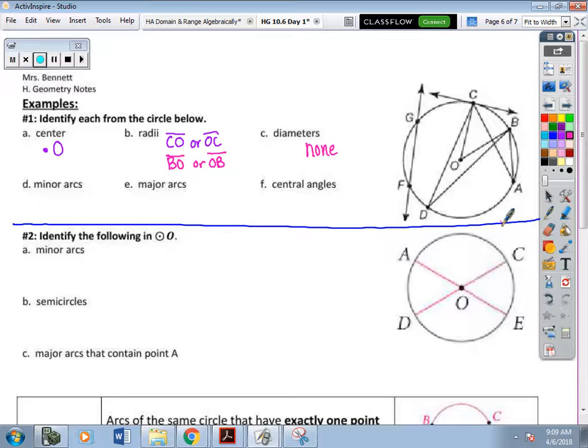All right, now minor arcs. There are lots of them. So there are many. Let's just list a few. So just put many possible. I'll give you one to start out. Remember, minor arcs are smaller than half the circle. So CB would be a minor arc.